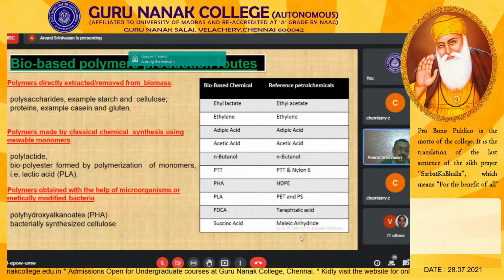She was able to get 18% polymer production from the soil. In fact, we collected the soil from a particular site, which has a lot of microbes in it. So we started using that, and we have got wonderful and promising results. The polymers obtained from the microorganism route could be polyhydroxyalkanoates or bacterially synthesized cellulose. So you can have a comparison of bio-based chemicals and the referent petrochemicals.